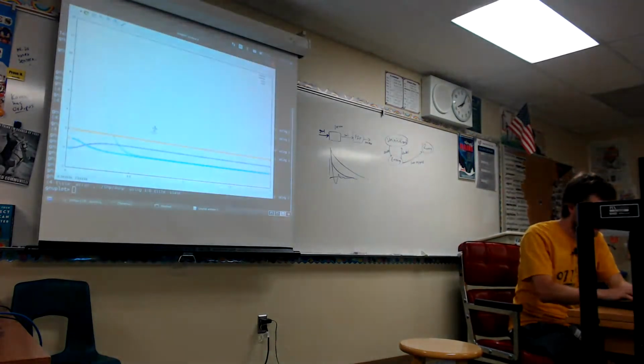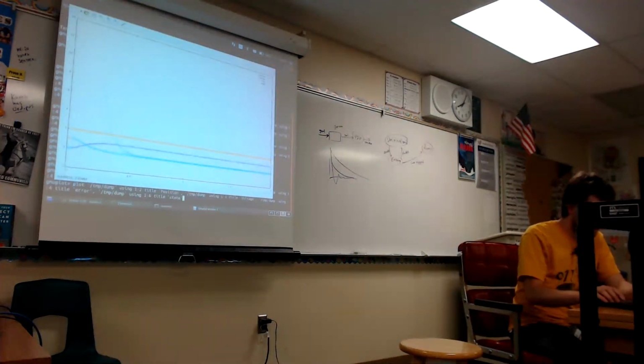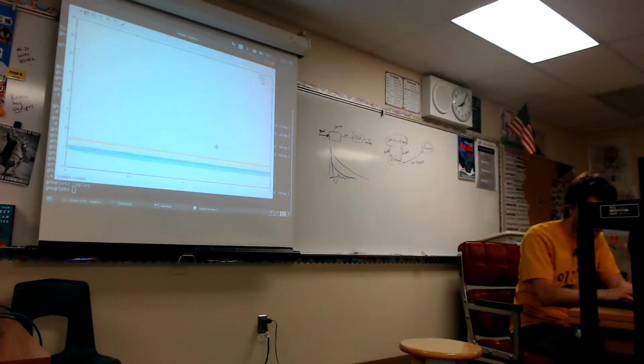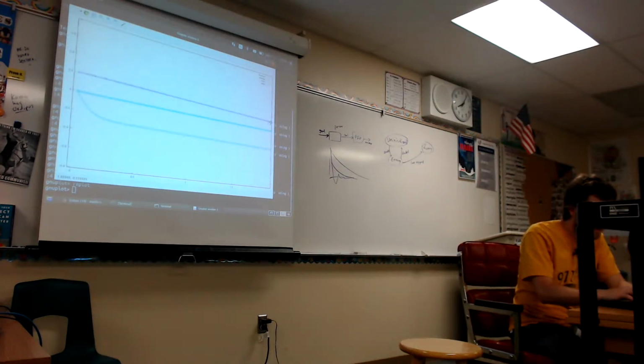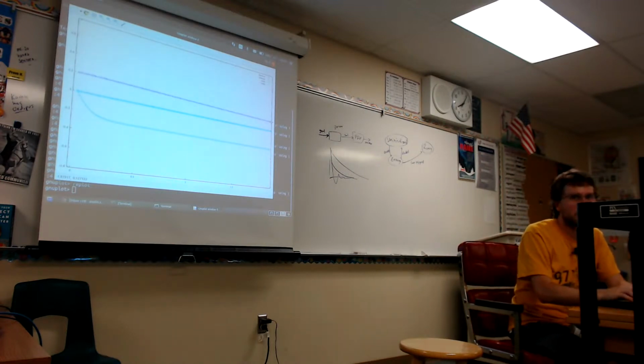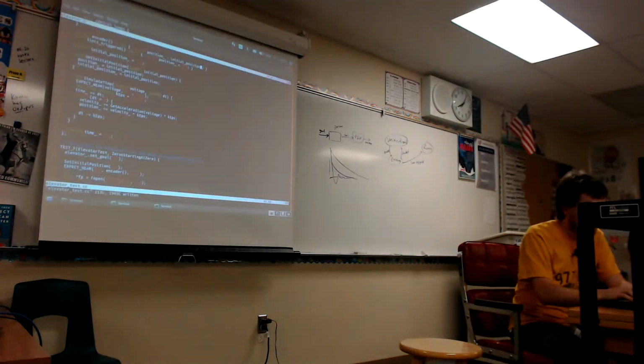Let's go check our plot. What state are we in? 1. So we're zeroing, so we're still going down. Did we wait long enough? No. It's still trying to get to 0. So we just need to make our test wait longer. Let's try that.